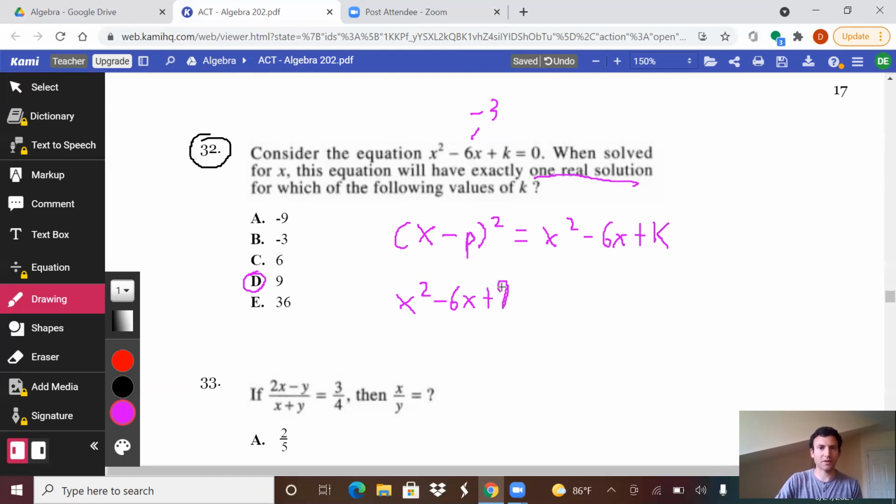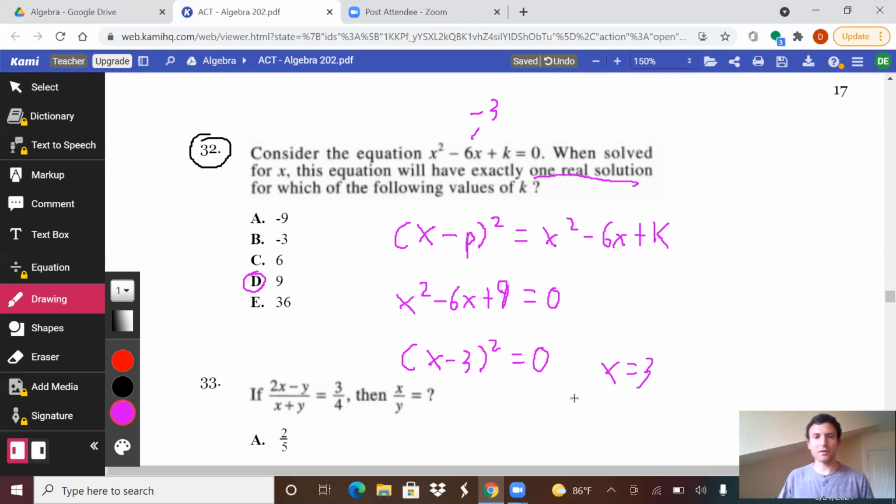We halved it to -3 and we squared it. That completes the square. It makes a perfect square, meaning that this is going to be x minus 3 squared. So that gets us a perfect square. In other words, that gets us only one solution for the problem. If the problem only has one solution for x, k has to be 9, and x would be 3.